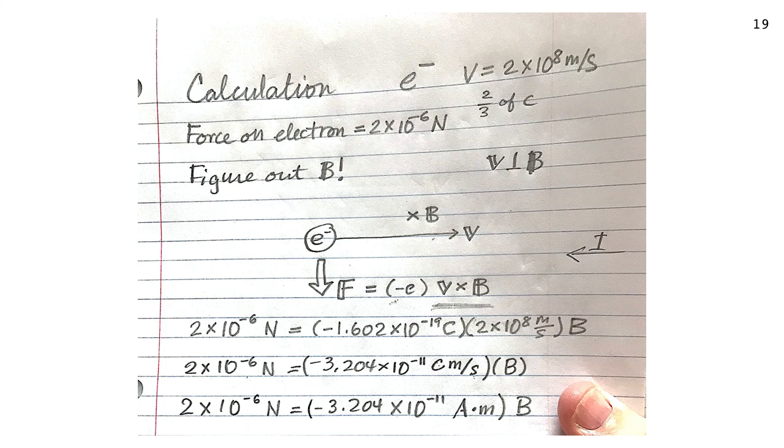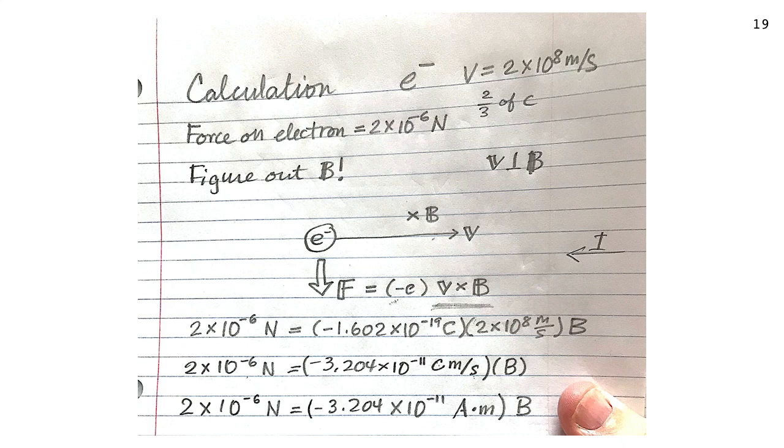Protons are a little bit harder. But you know, the sun produces electrons and protons in the solar wind. Not quite this fast, but pretty fast. Anyway, so this is 2/3 of the speed of light. All right, so this is a realistic example, and it's an electron.